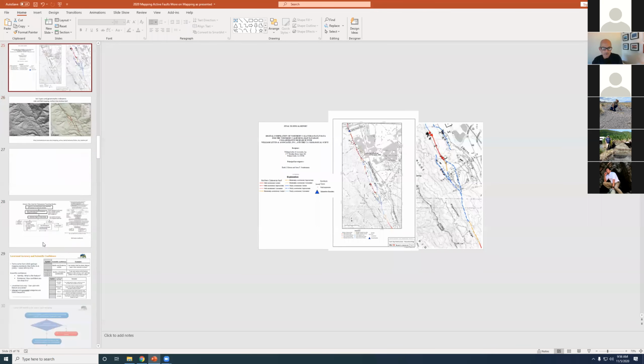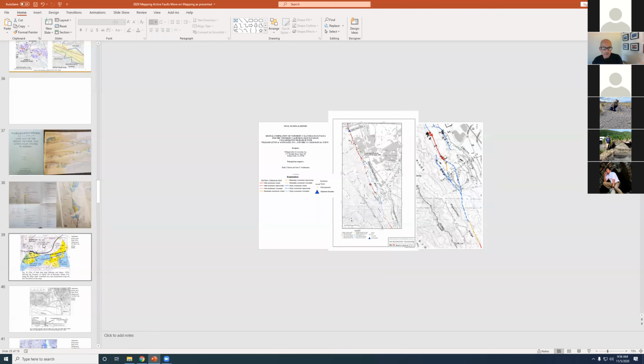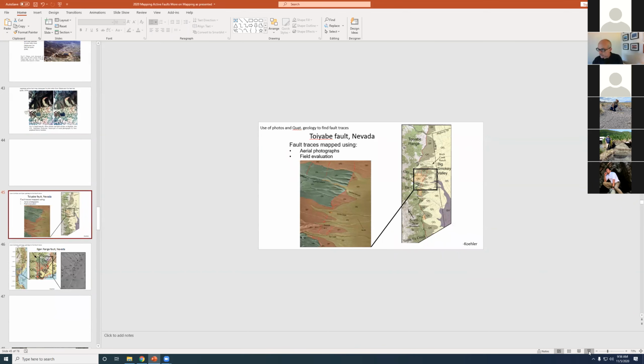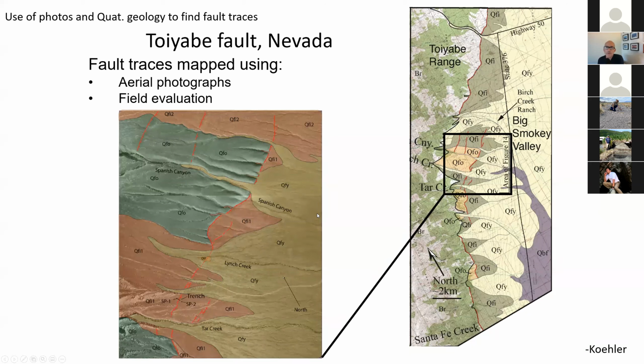That's a good one. Let's look at an example Rich provided. I don't know if there's a lake here, but this shows using aerial photography in the Quaternary geology, and on the left, the main figure, you can see old, middle, and young fans.